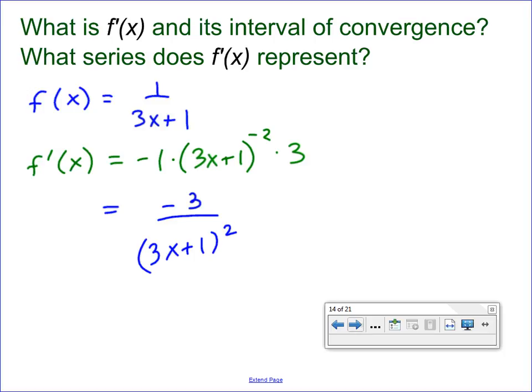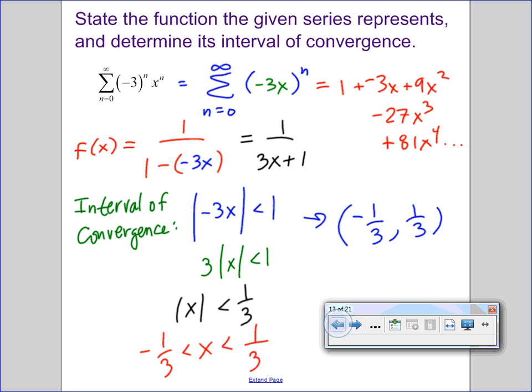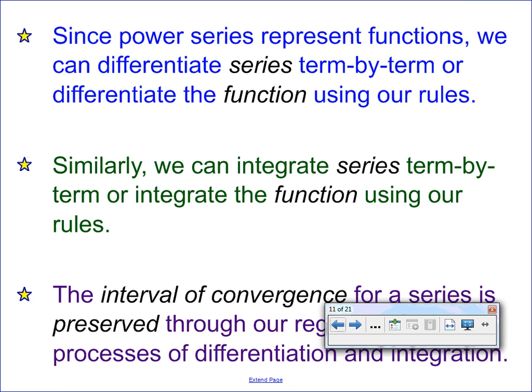Okay, and so while it was easy to generate f prime using a function representation, what series does f prime represent? Well, that'd be bad news if we didn't realize that we could differentiate our series term by term.